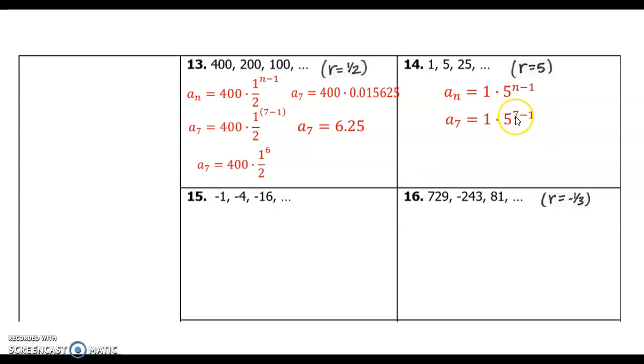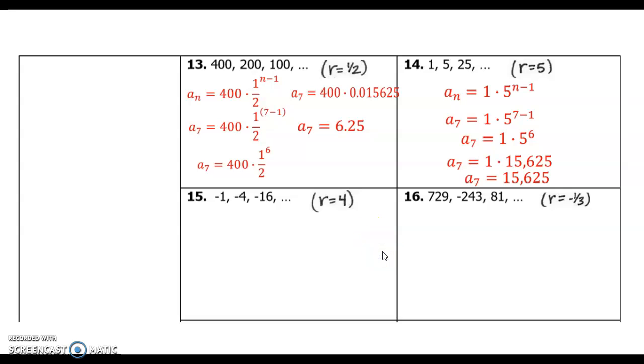And then we'll substitute the term number that we're asked to find, in this case the 7th term, in for our n's. 5 to the 6th power, again, is 15,625 times 1. So the 7th term in this sequence would be 15,625.